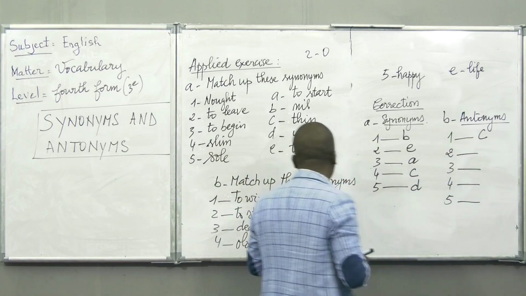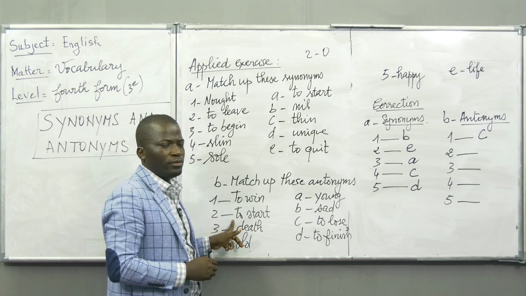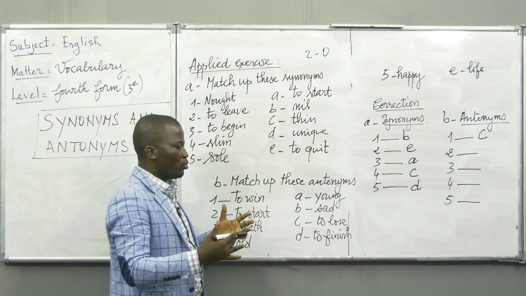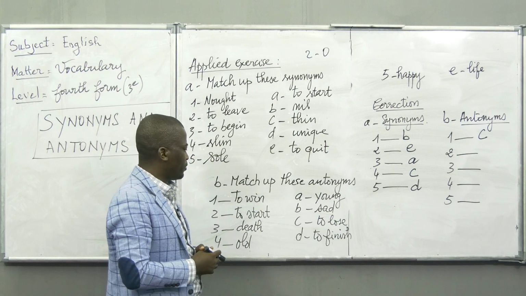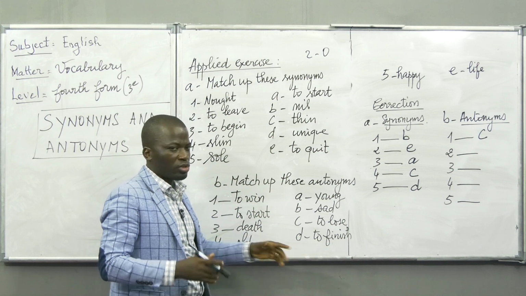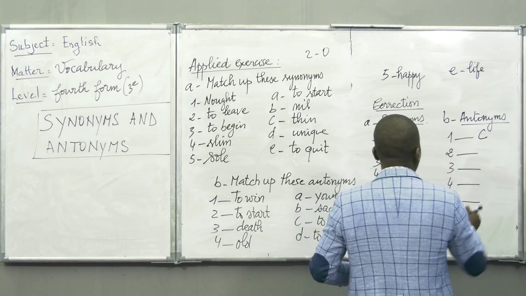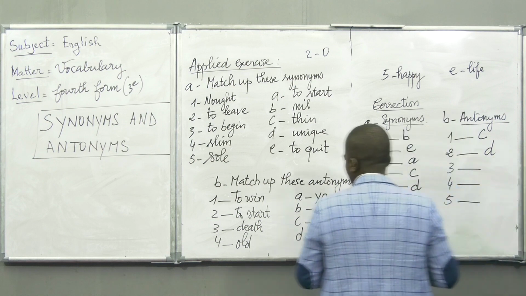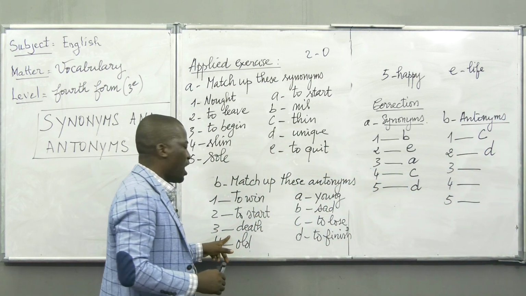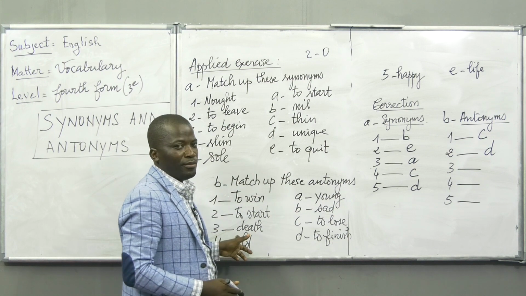I write 1C. To start, another verb. To start. The contrary is, right, to finish. To start and to finish. Good. Then I write D. Okay. Deaf. Deaf. It's a bad word maybe.